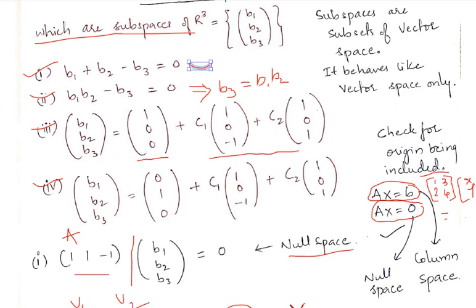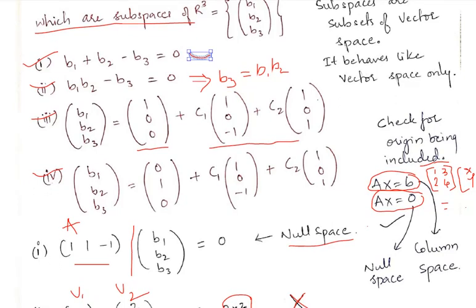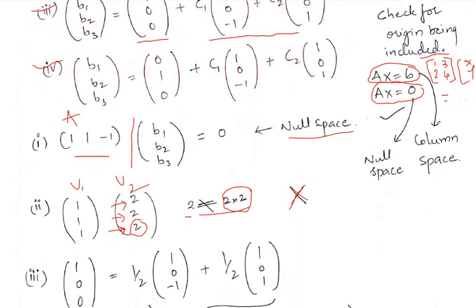Suppose c1 is equal to minus 1 by 2 and c2 is equal to 1 by 2. Try to multiply this. Minus 1 by 2 into 1 is minus 1 by 2, 0, and 1 by 2. So adding that, do you get 1 0 0?